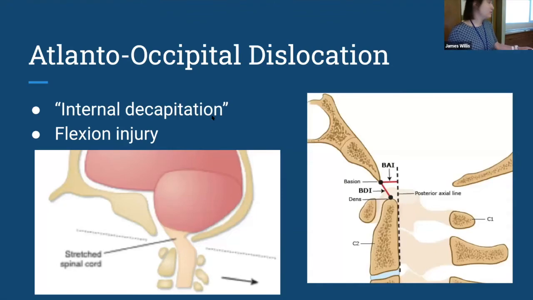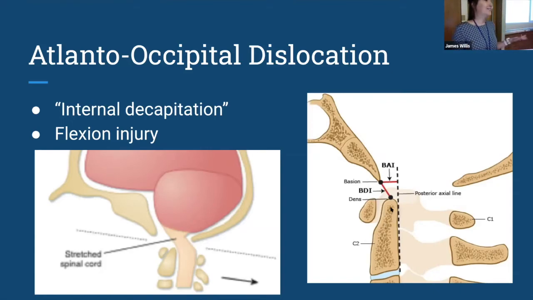The next fracture we'll talk about is called atlanto-occipital dislocation, also known as internal decapitation. This is basically with a severe flexion injury. You can actually get tearing of your spinal cord here. If you were interested in defining it, you can use these Powers indexes to measure it and classify it.